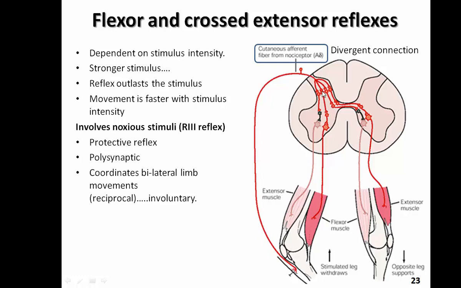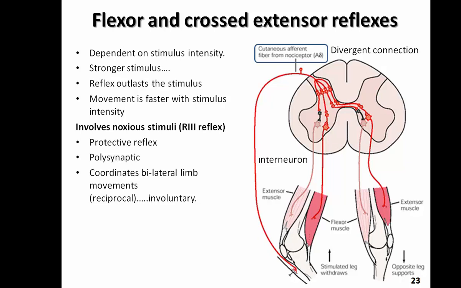These interneurons will have an effect on the muscles of the same limb. This would be the right leg, generating these noxious stimuli, and will also connect to interneurons that cross over that will affect the muscles of the left leg.